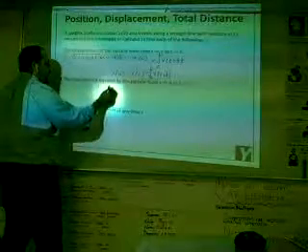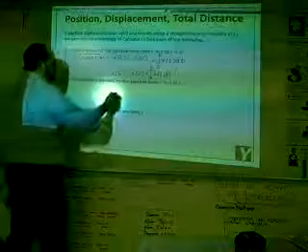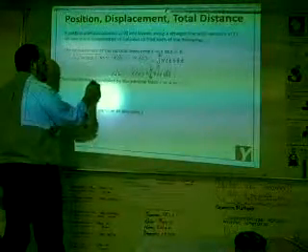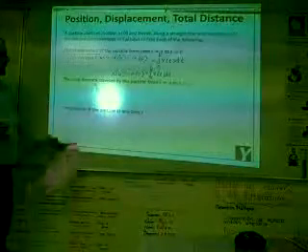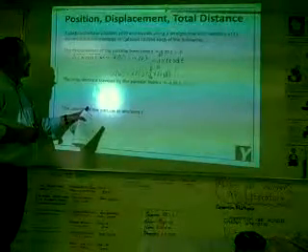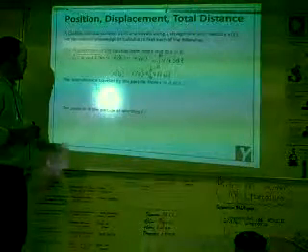We're going to look at the absolute value of the velocity, also known as speed. We're going to integrate that with respect to t, starting at t equals a and ending at t equals b. This integral will give us the total distance traveled from time t equals a to t equals b.